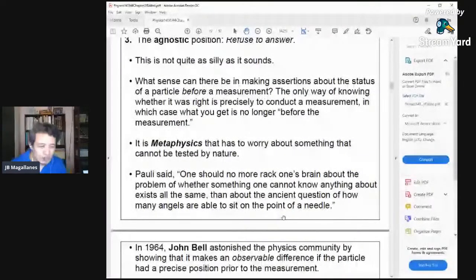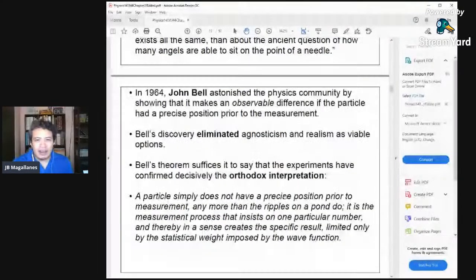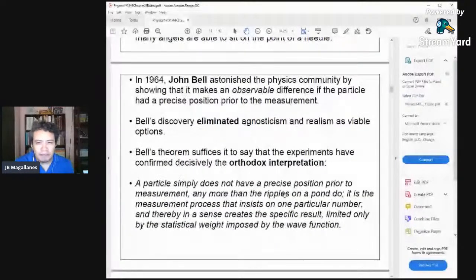But in 1964, John Bell surprised the physics community. He discovered that the orthodox interpretation was really the correct position, according to his discovery.